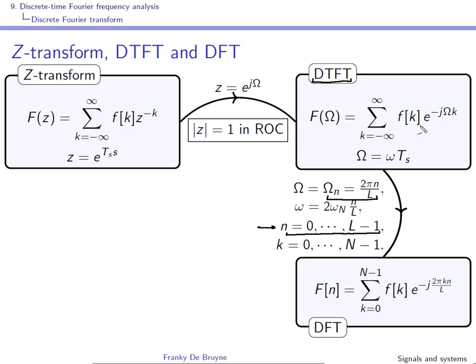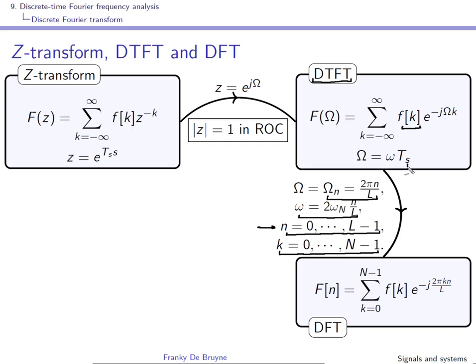Very often we're given a sequence where the index k goes from 0 to N minus 1, so we're given N data points. Sampling the discrete frequency as we have done over here is equivalent to saying that the equivalent analog frequency will be as shown over here.